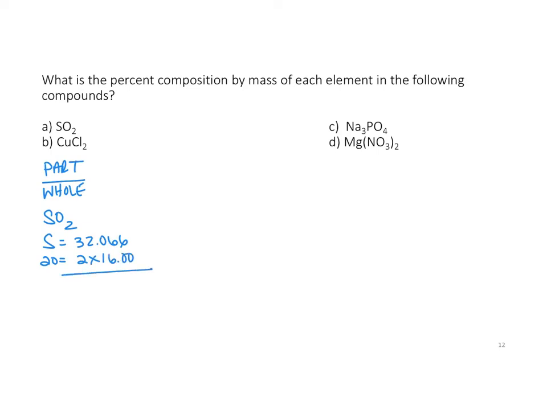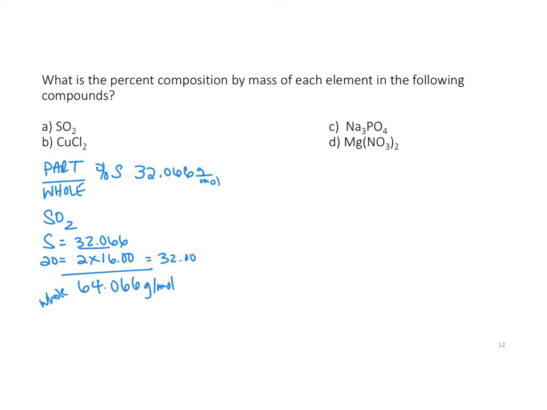And the whole then is, let's do all this out, 2 times 16 is 32, and you'll see why. So 2 times 16 is 32 that belongs to oxygen, plus the 32 that belongs to sulfur, gives you a whole, this is your whole, 64.066 grams per mole.